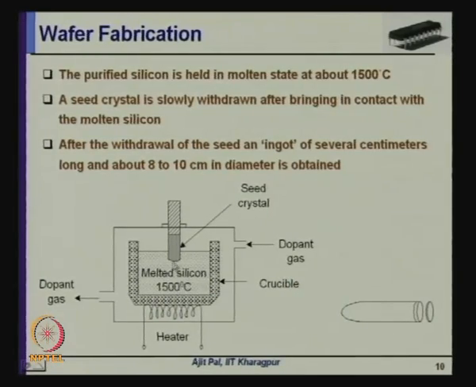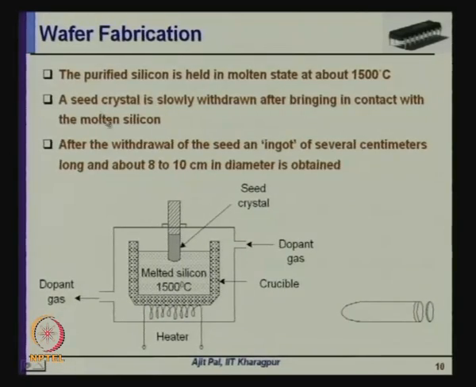The silicon is kept in molten form, and it is in very highly purified form. How the purification is done I have not discussed, but I have already mentioned that by reacting with carbon you can create highly purified silicon. So this is the melted silicon at 1500 degree centigrade.